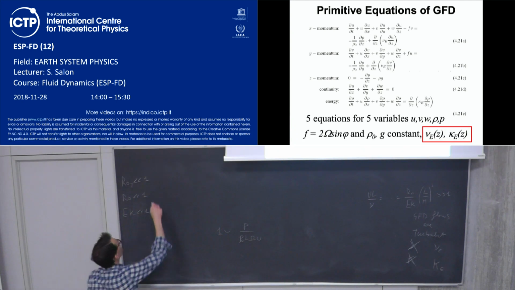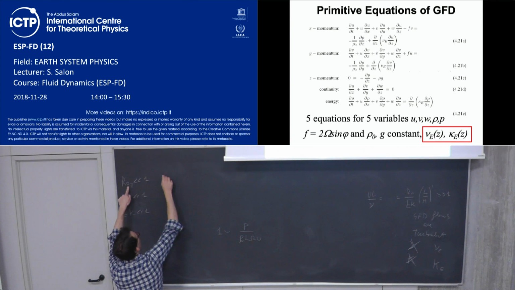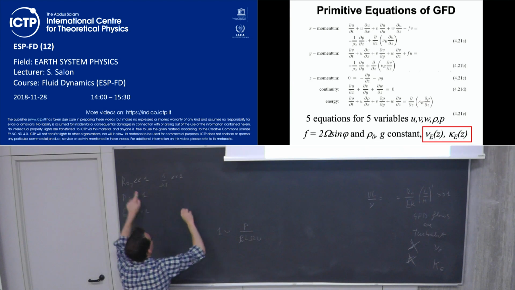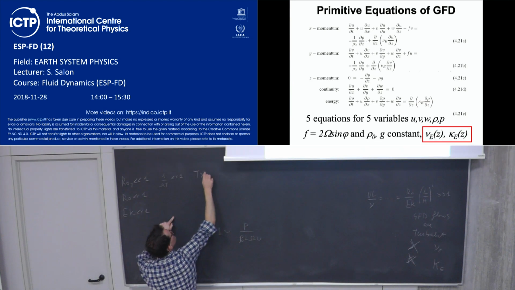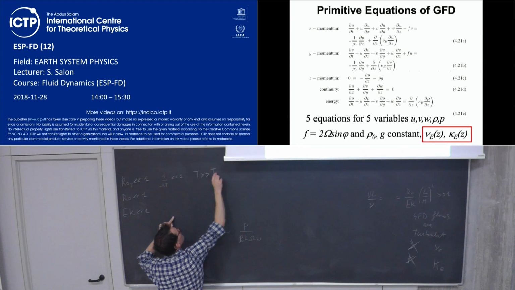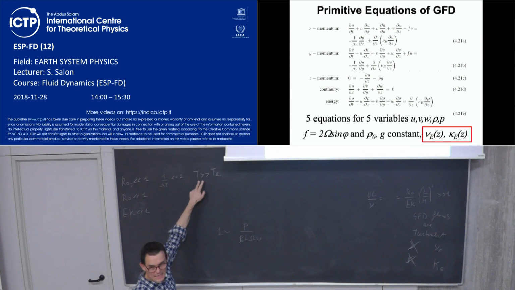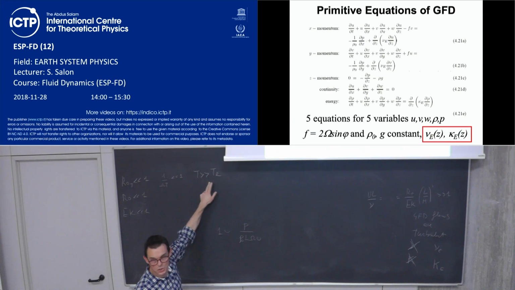What does it mean? Since this is 1 over omega t, much smaller than 1, it means that the time scale of the flow I'm studying is much slower, much longer than the time scale of the rotation, than 24 hours.